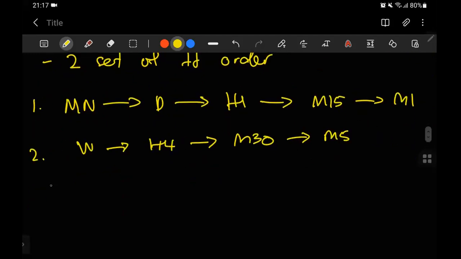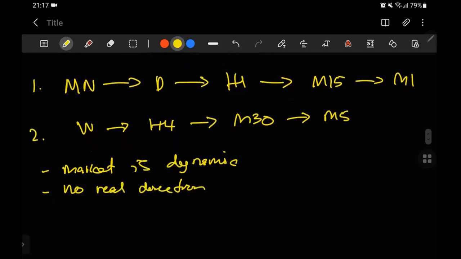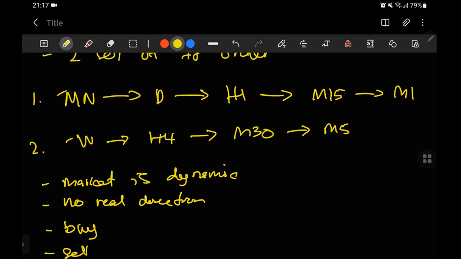So the market is dynamic, which means there is no real direction. We have two directions, buy and sell. So how to use it? If the monthly is buy, then the weekly is sell.